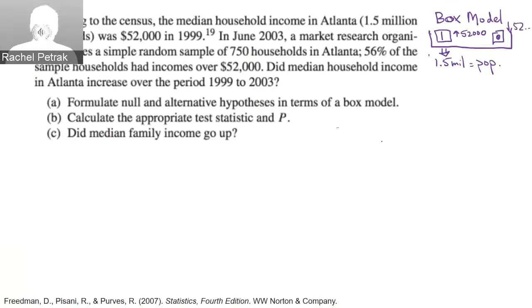The null hypothesis says that the percentage of ones in the box is 50%. How do I know it's 50%? Because according to the census, the median household income in Atlanta was $52,000 in 1999. So that's our expected value, and that's why we're using this cutoff.